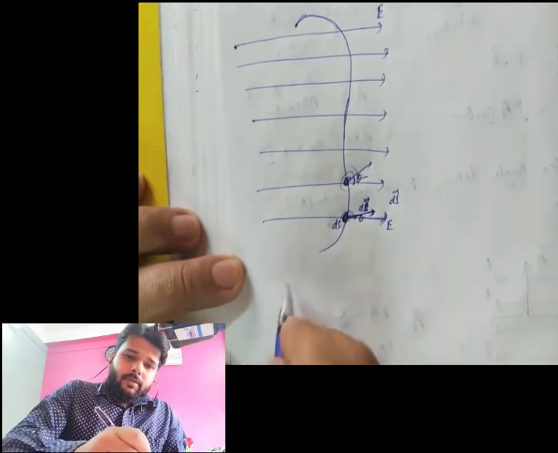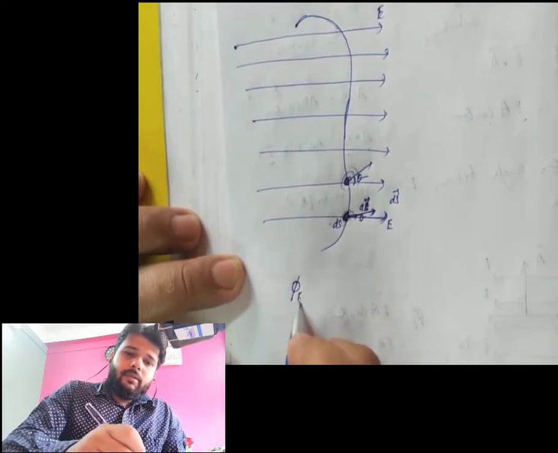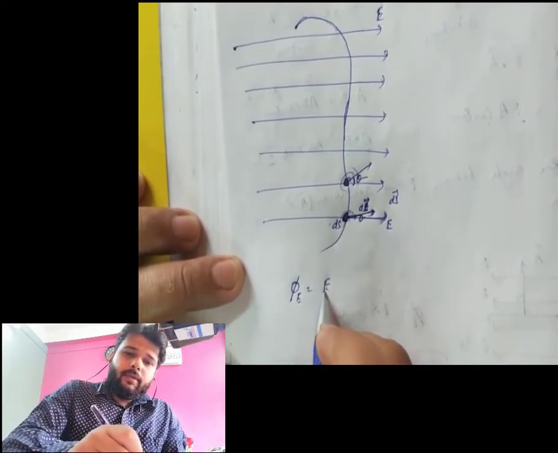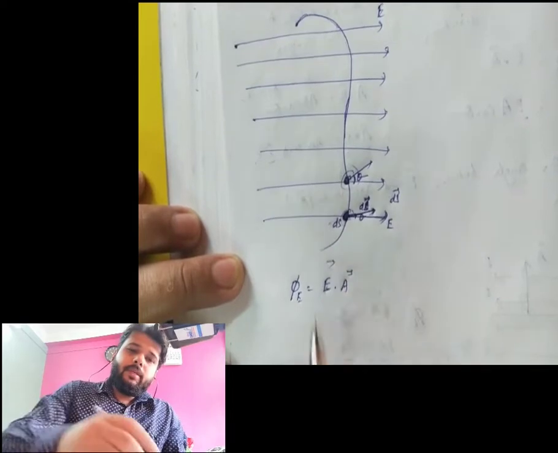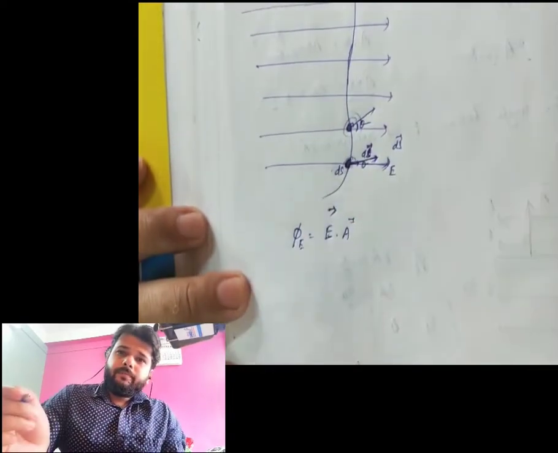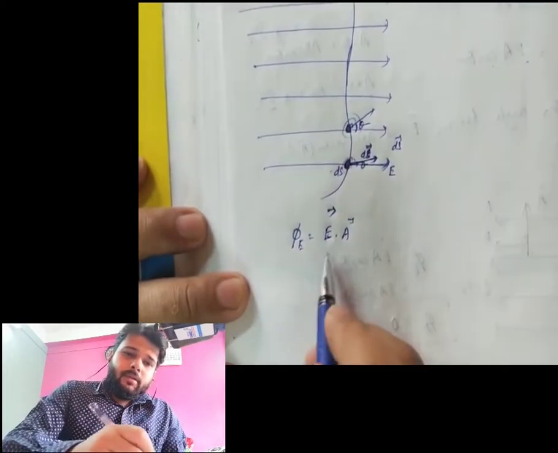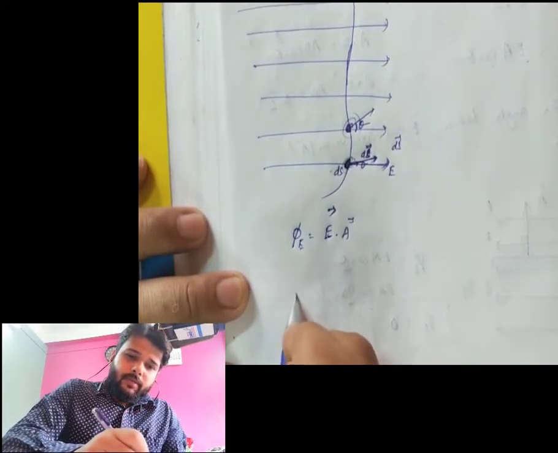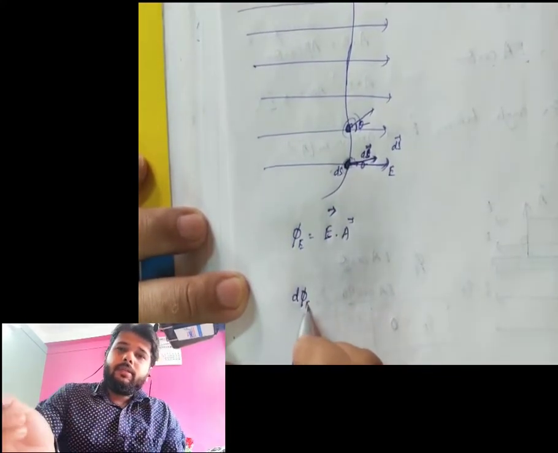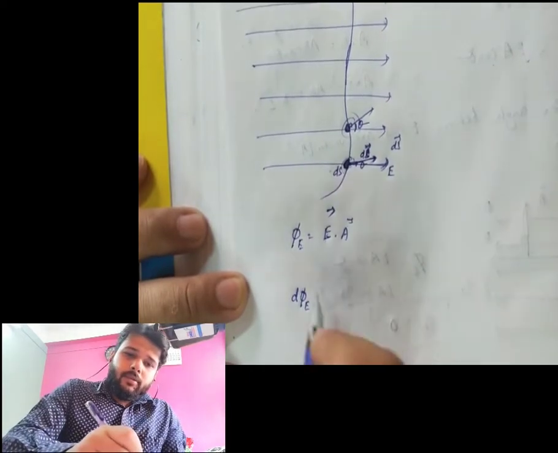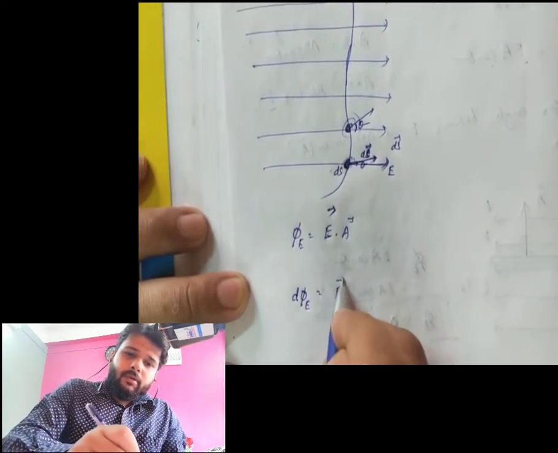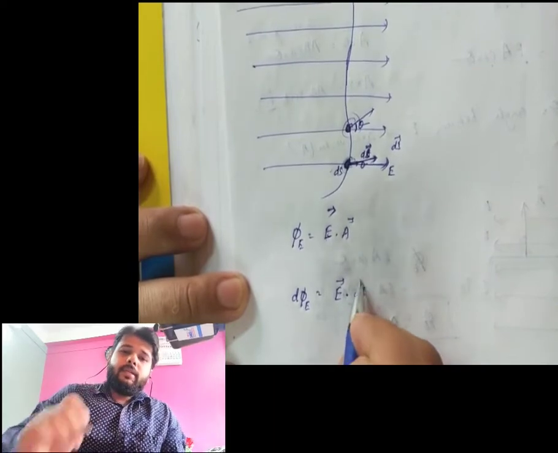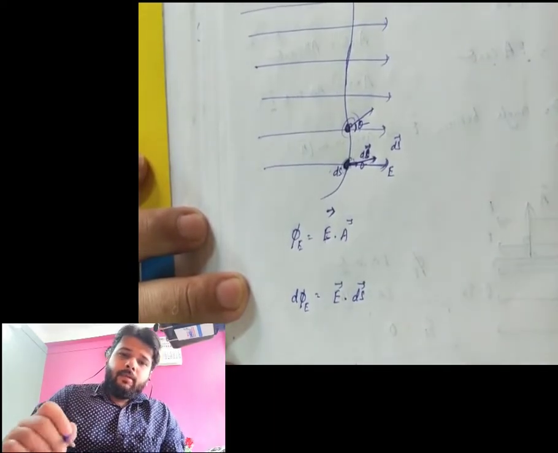We know the formula of electric flux is E dot A. Here we are taking a very small surface area, so the electric flux will be very small, that is d phi E is equal to E dot ds.